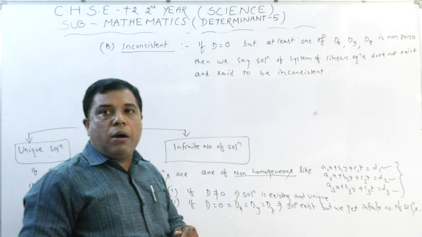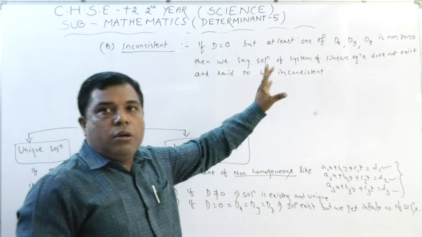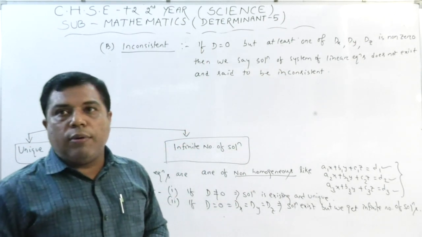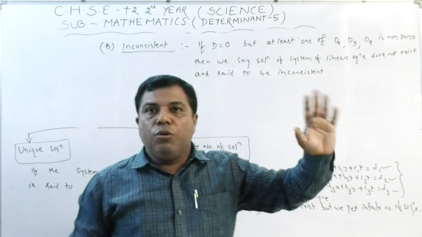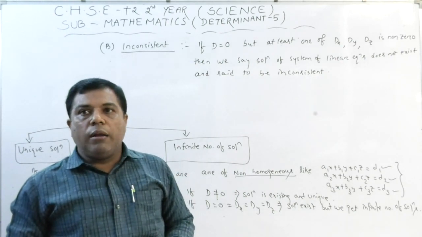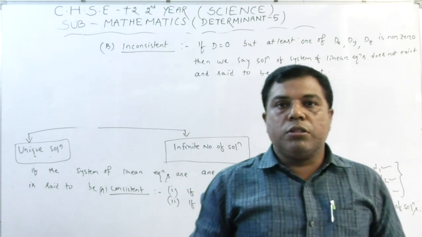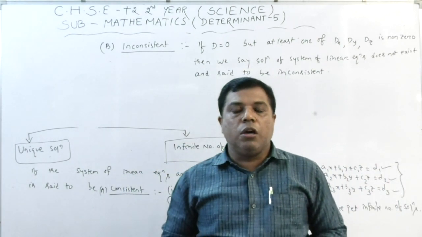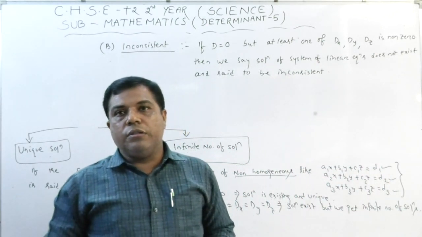But if you find that d equal to 0, your initial determinant is 0, but out of dx, dy, dz, at least one of them is non-zero, then we can say that the system of equations does not have any solution, and so it is said to be inconsistent.